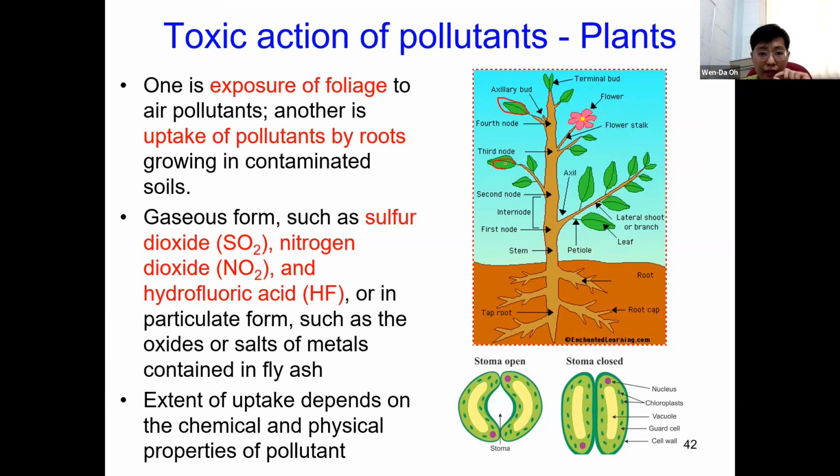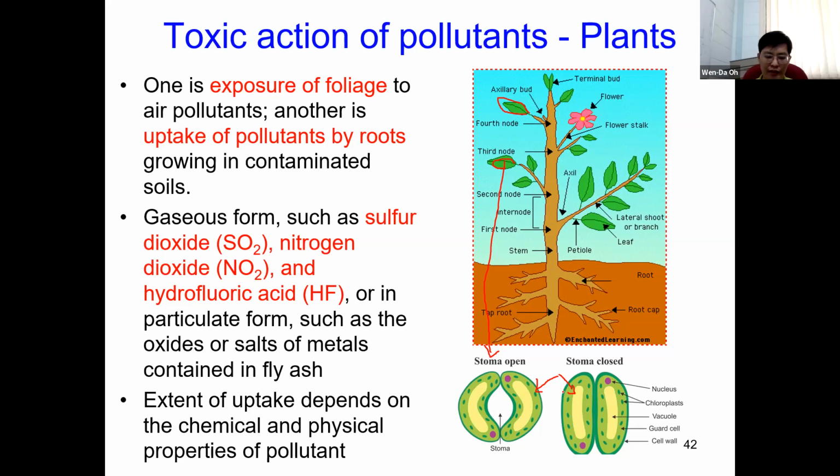In the leaf itself, you will see that it has something called a stoma. In this stoma, sometimes if you have excess water, it can open. And sometimes when there is a lack of water, or a signal is sent by the plant to the stoma, it can close. So this opening and closing can regulate many things.